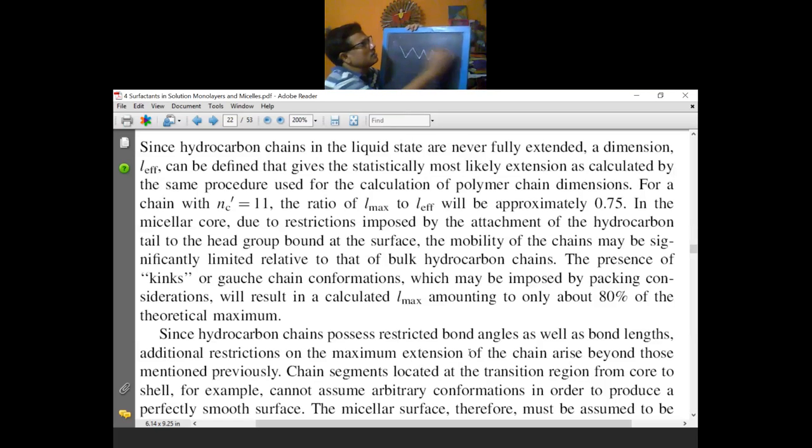That is why whenever I have described a surfactant, I have shown it in that way. I could have shown it as a straight line, but I have never shown them as a straight line. Why? Because they are in a fluid state. Fluid state means they are not mostly in an extended state, but in a trans position.